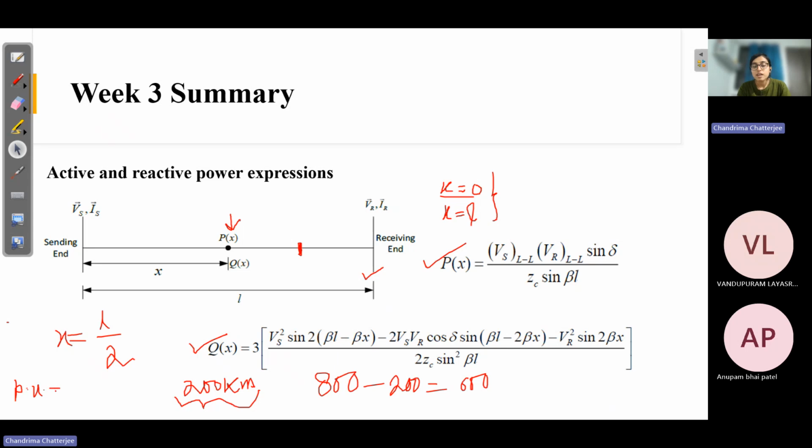In some questions, if they say take the base power as surge impedance loading, then you calculate Q divided by SIL multiplied by 100. Usually they take SIL as the base power, so this will be your percentage power, and per unit will be simply Q by SIL.